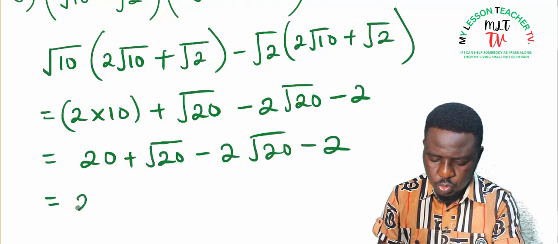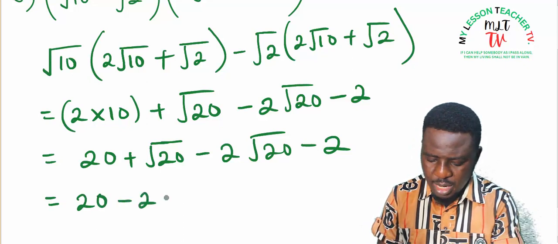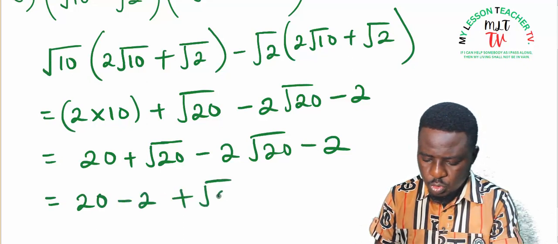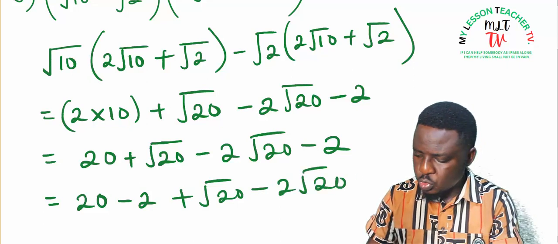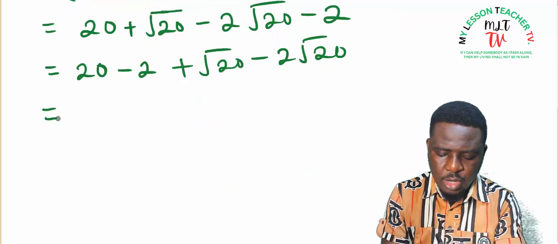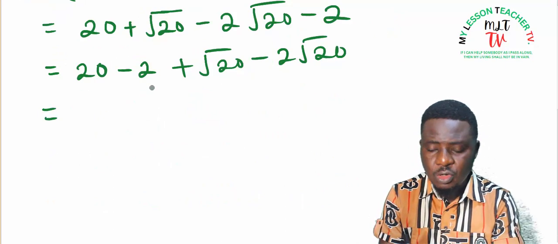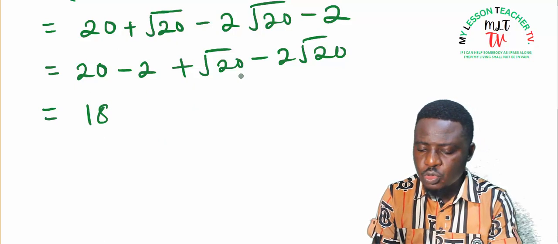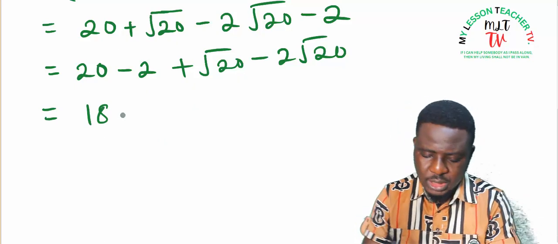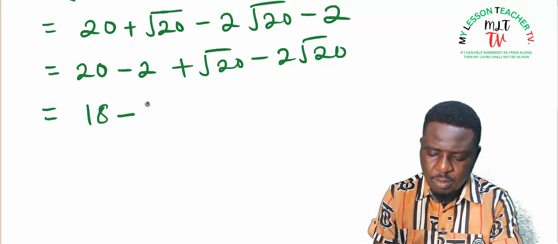This is equal to 20 minus 2 plus root 20 minus 2 root 20. Now when you simplify this, 20 minus 2 is said to be 18, while plus root 20 minus 2 root 20 is said to be minus root 20.